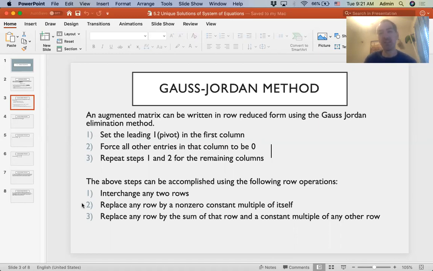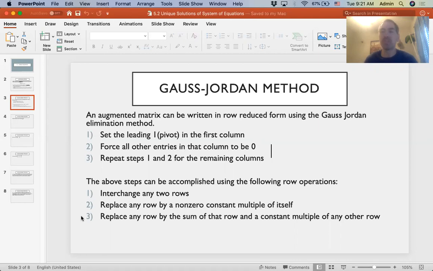And that number is going to be the multiplicative inverse of that entry. So if the entry is 3, you would multiply that row by 1/3, because 1/3 times 3 is 1.